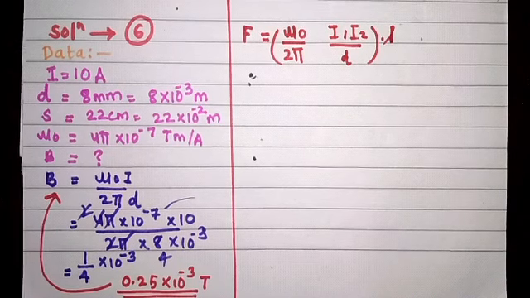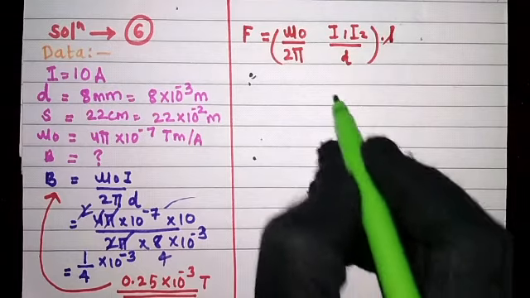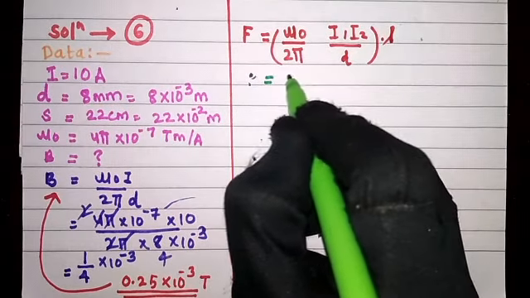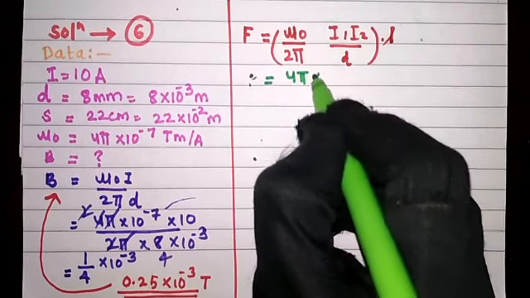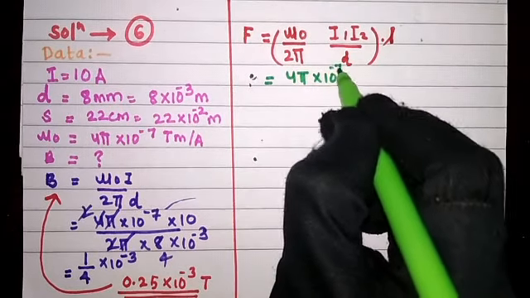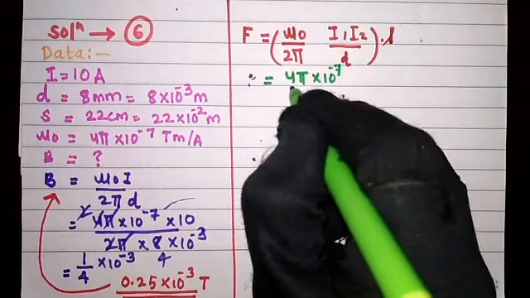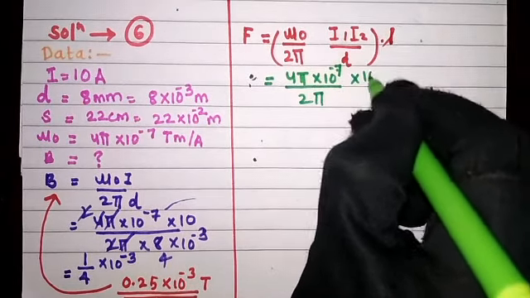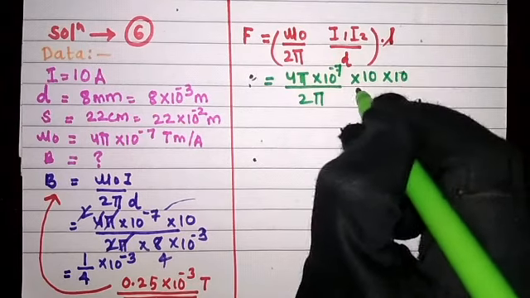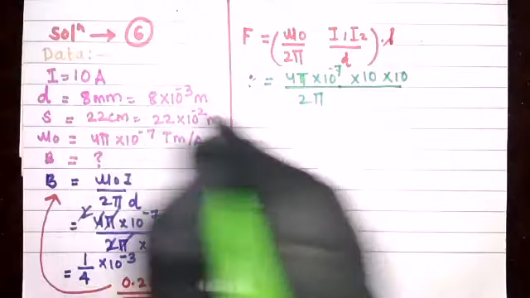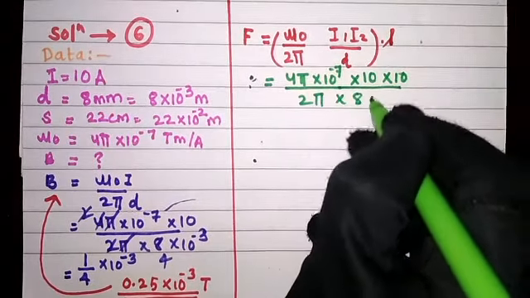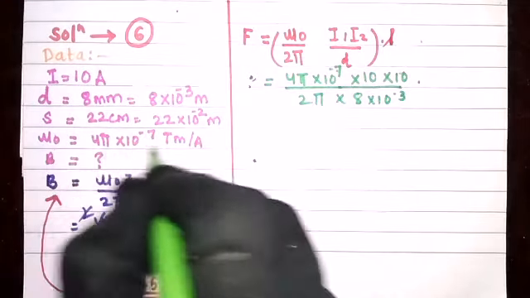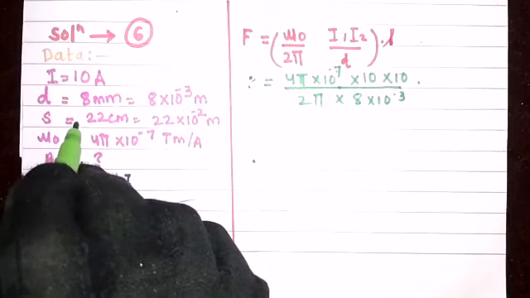Now what we have to do, we have to substitute all the values. So finally mu naught is 4 pi into 10 raised to minus 7 upon 2 pi, I1 is 10, I2 is 10, upon d, which is given as 8 into 10 raised to minus 3, into L. What is L here?